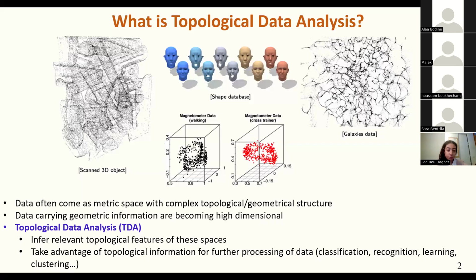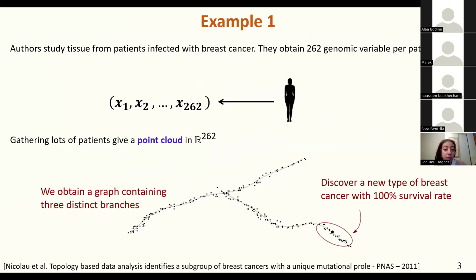Whatever prediction we want to do. I will give some examples from real life. This is the first study that used topological data analysis in medicine. Here each patient is represented by a genome, a vector of dimension 262, and by analyzing a group of patients that have breast cancer, we obtain a point cloud in R to the power of 262.